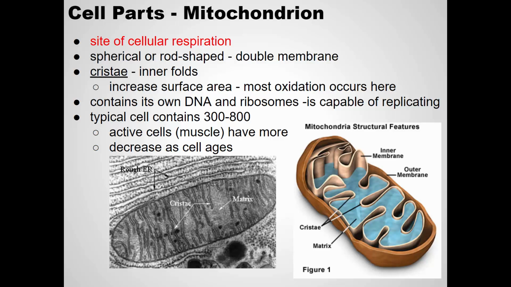Also, as cells are stressed by exercise, for example, if you are swimming and you're training, the more that you use certain muscles, they will adjust by creating more mitochondria in those cells.